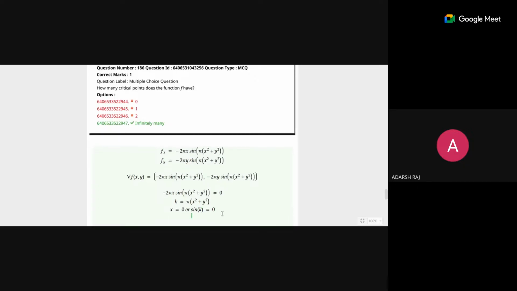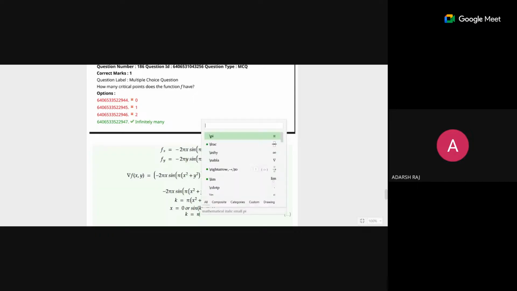So when sin k is equal to 0, k is equal to n pi, where n belongs to the integers. Yes.